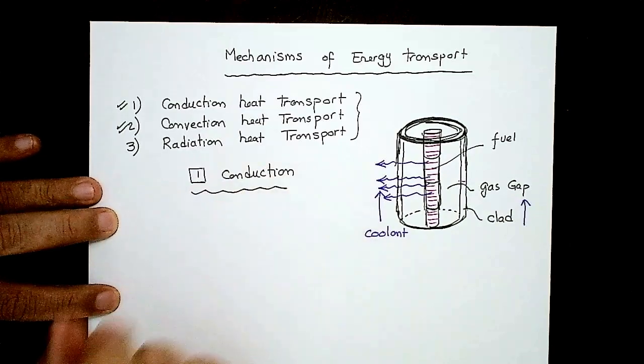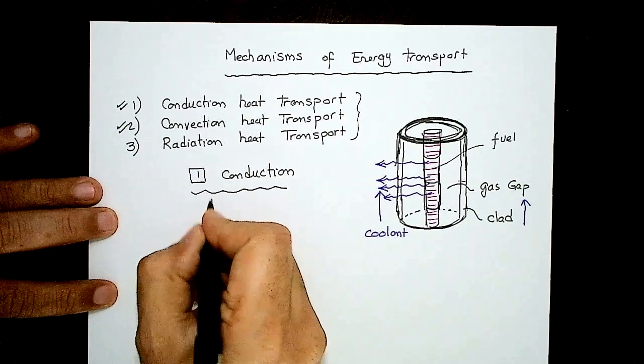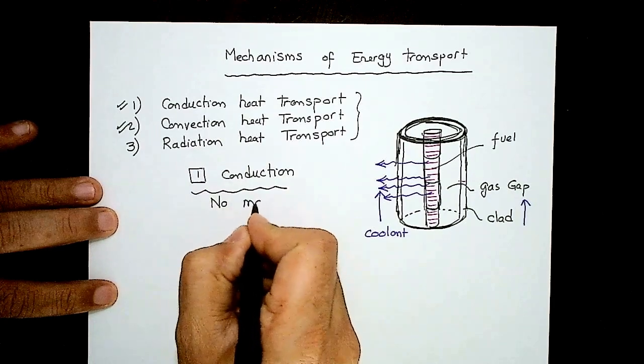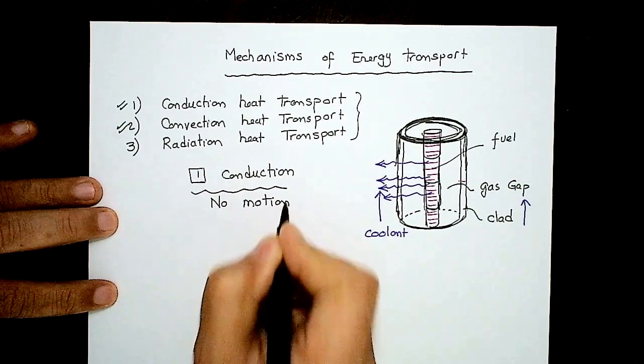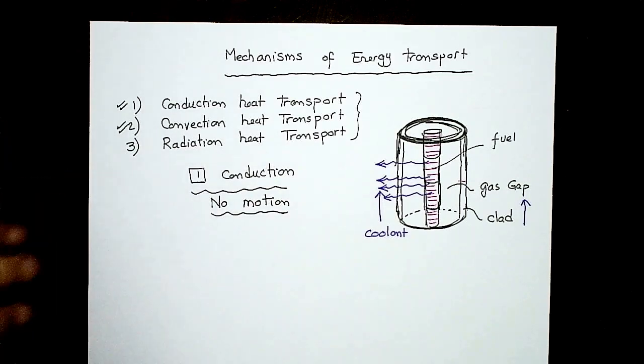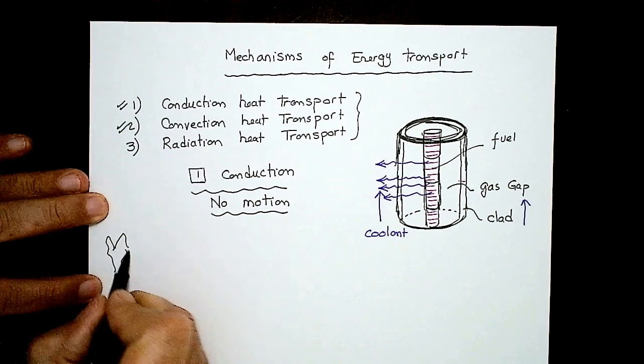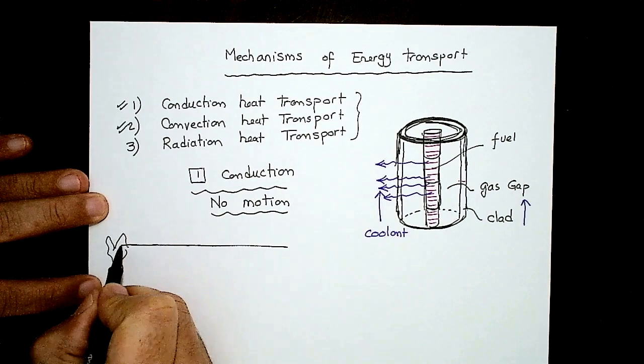I'm just going to write the short name so we can save space here. So conduction means that no motion is involved. Nothing is moving. Okay? So for example, let's assume that you have a source of a fire and you decided to have a metal bar.